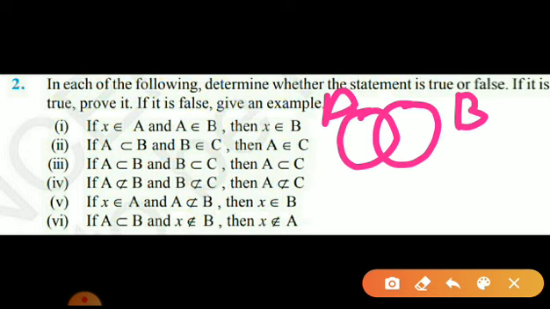Then B is not a subset of C, so again I can draw C somewhere. This is one of the cases I am saying. Then I have to check whether A is not a subset of C. Now in this case, this will be true.